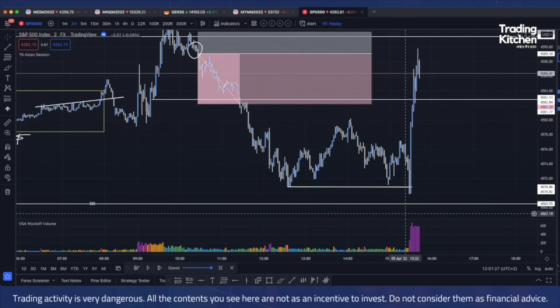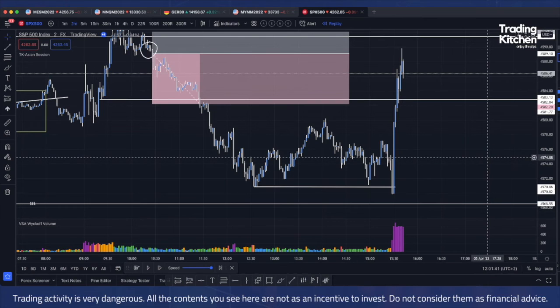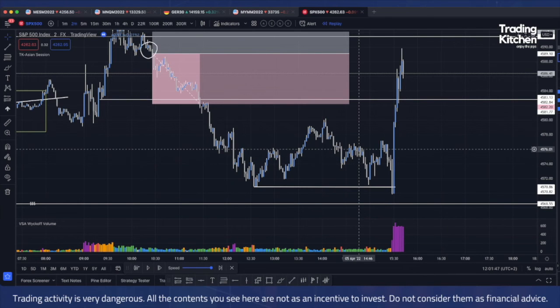If you guys are able to identify this pattern and enter and take all this range, you are probably going to be rich very soon. I'm not able to do that. This is too quick.